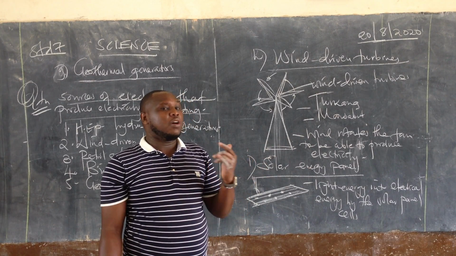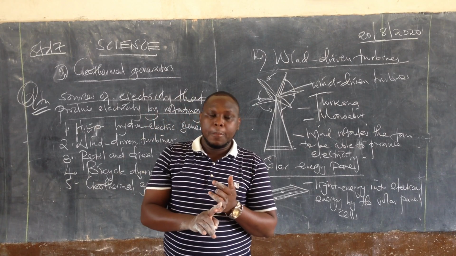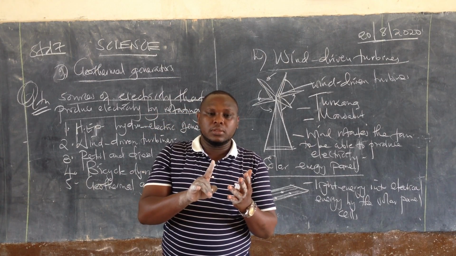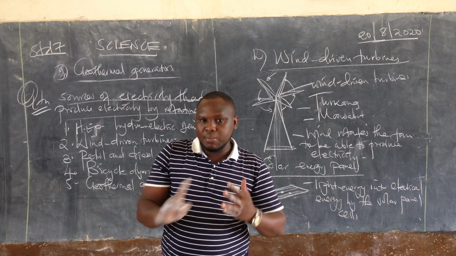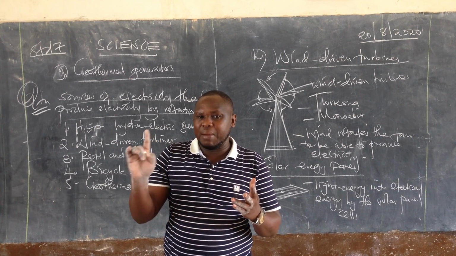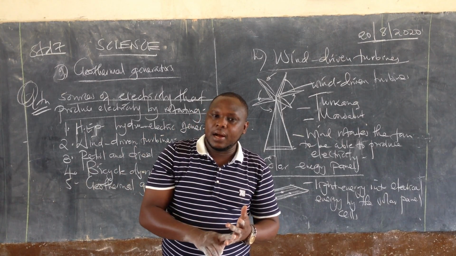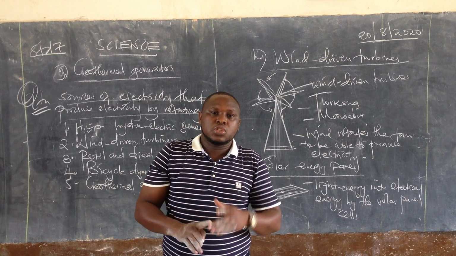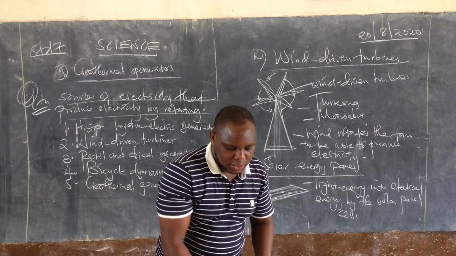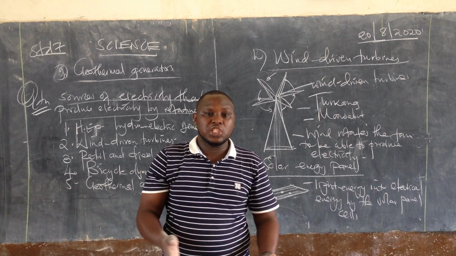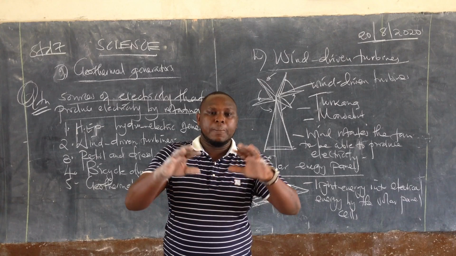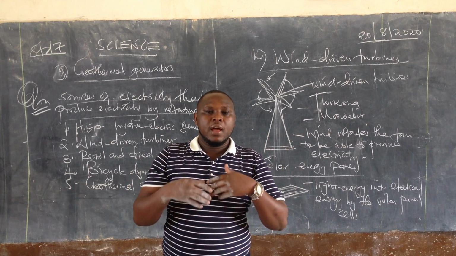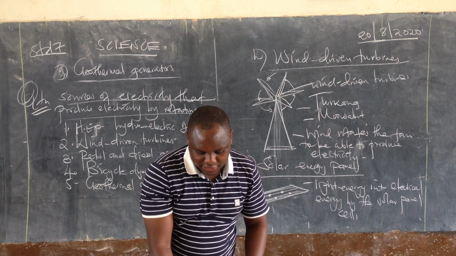A circuit must involve so many things. There must be a bulb, there must be a source of power, maybe a generator, maybe a battery, maybe a dry cell. There must be connectors, which are the wires. We are going to see how all these things are arranged to become a circuit where electricity can flow from one end.